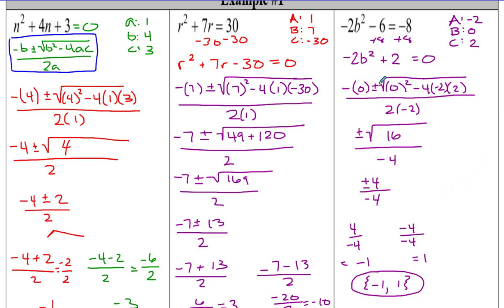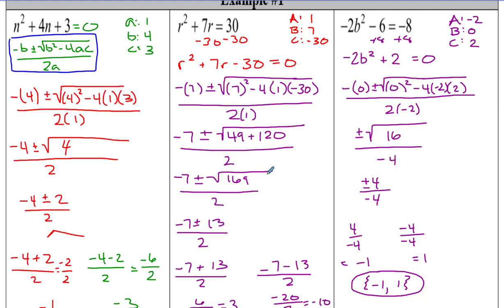So after we plug this all in, we get 0 plus or minus 0 squared minus 4 times negative 2 times 2 all over 2 times negative 2, which comes down to plus or minus square root of 16 over negative 4. We get a plus minus 4 over negative 4, bringing us down to these two fractions, and we're left with a negative 1, comma 1.